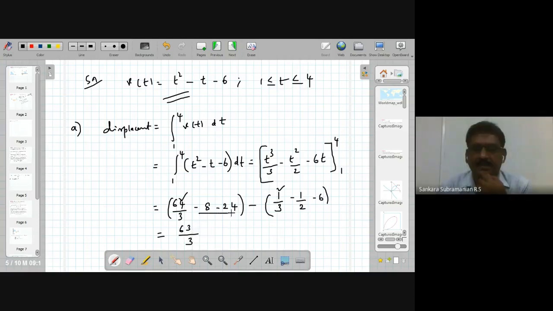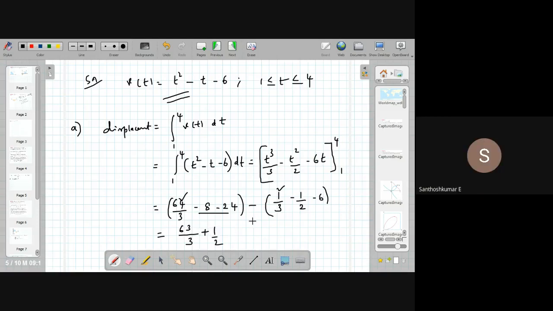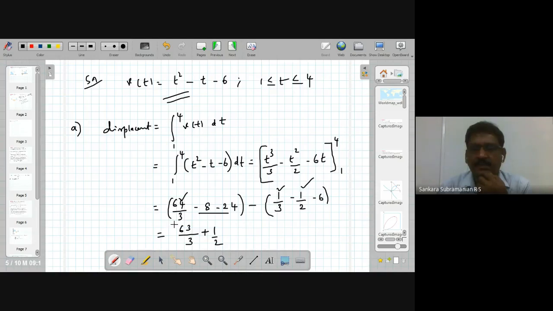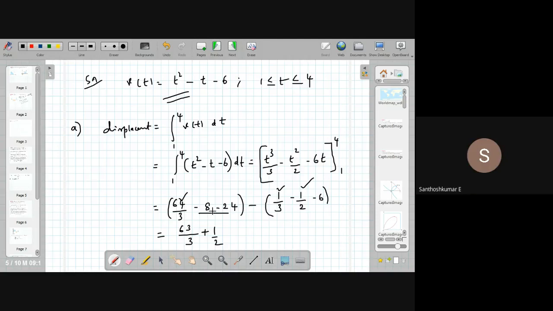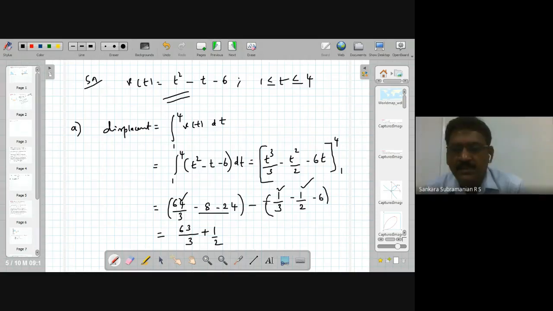And this is plus 1 by 2. And what are the rest of the terms? You get minus 32, and this is plus 6. So 21 minus 32 plus 6. What do you get? Minus 5, and the remaining terms together give minus 26.